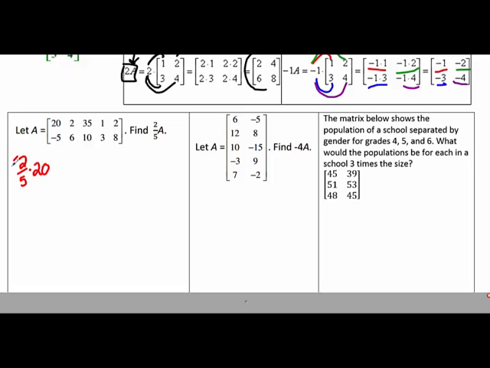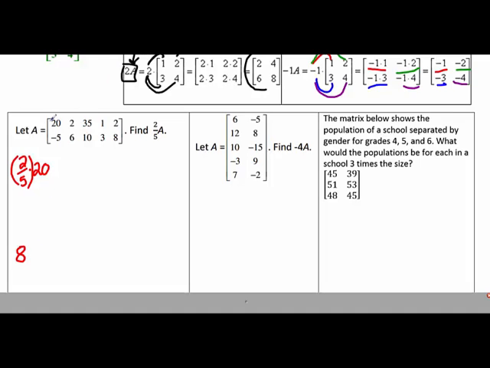So if you want to, you could just put that fraction in parentheses, 2/5 times 20. Or you could do it like I do. 2 times 20 is 40, and 40 divided by 5 is 8. And there we go. There's our first answer.